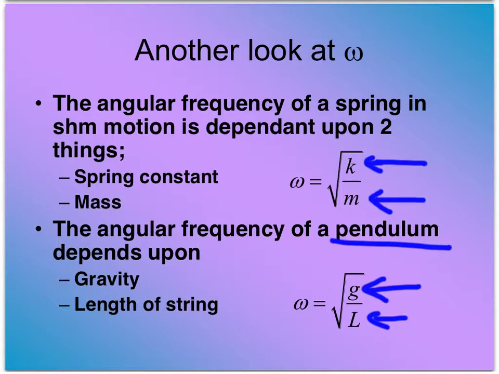If we were to increase the acceleration due to gravity by increasing the force of gravity, we would increase our angular frequency, but on Earth that's not possible. And then if we increase the length of our string, then it's traveling further, and so we have a smaller angular frequency, assuming that everything else is the same.